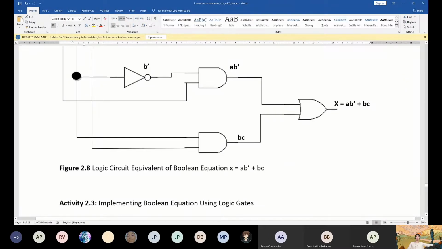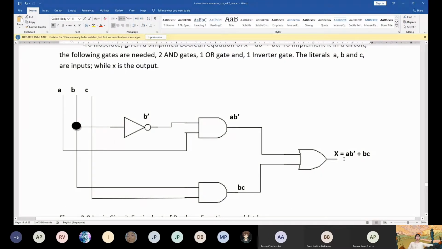So how many ICs do we need to implement this Boolean algebra? We need 1 IC for B prime, 1 IC for AB prime and BC, and another IC to connect the 2 terms to have an output of X, AB prime plus BC. So you need 3 ICs for this equation.